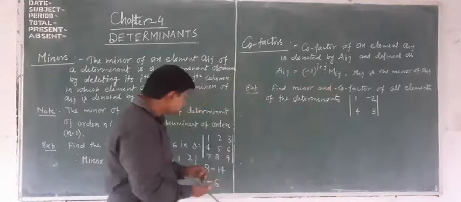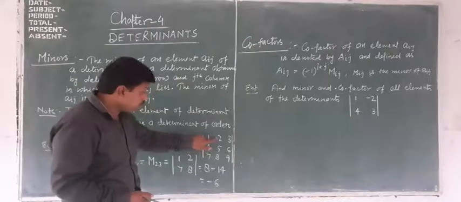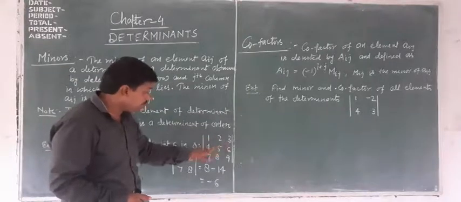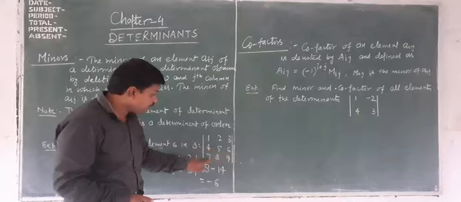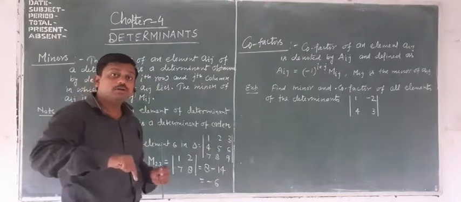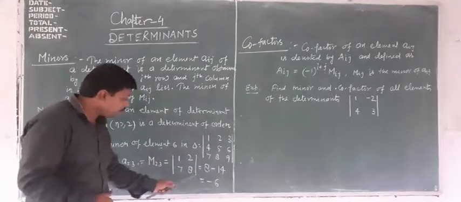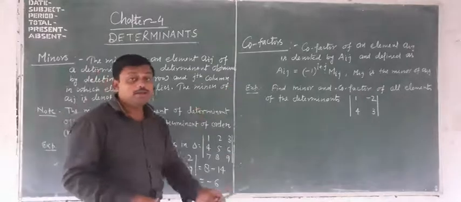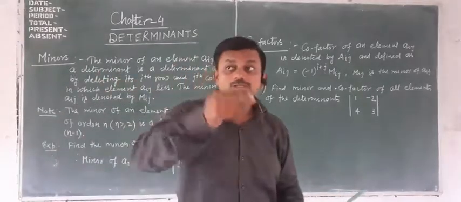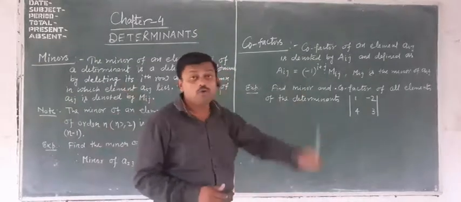It means the signs of the cofactors go positive, negative, positive, negative, and so on. So the minor can be found with the help of this result, and if we use alternate plus and minus signs with the minor, we get the cofactor.